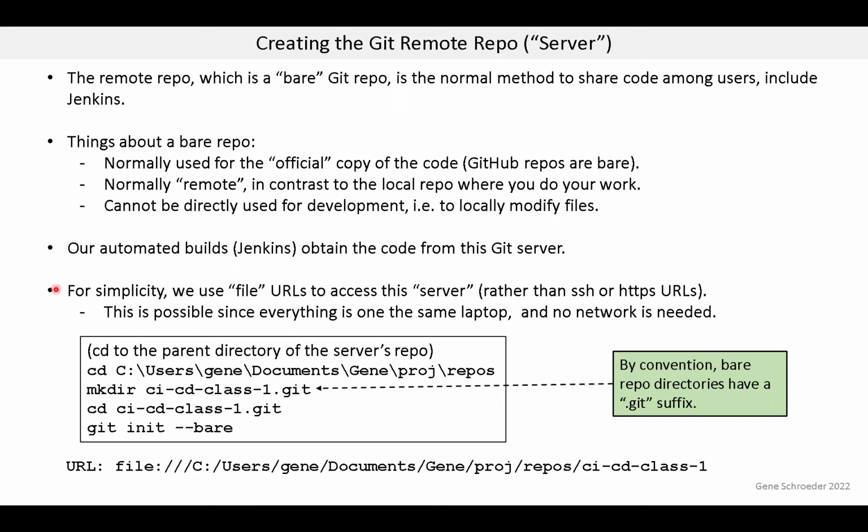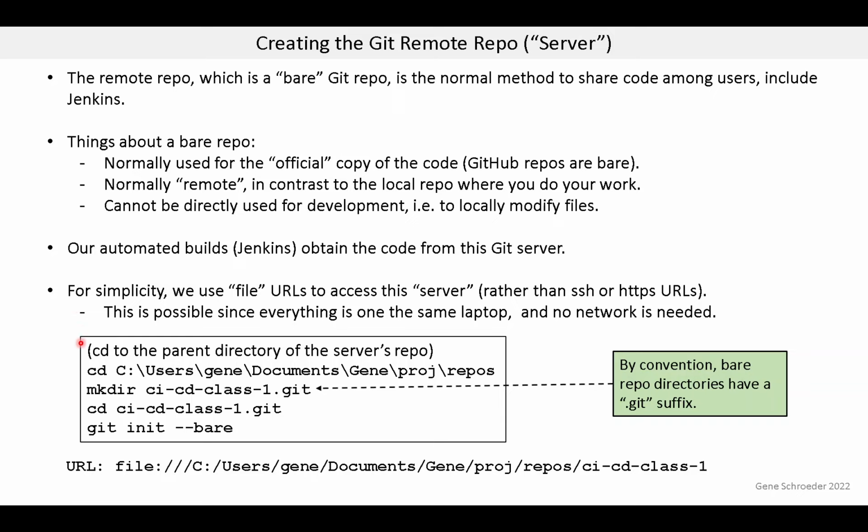For simplicity, for this course, we use file URLs to access this server, rather than SSH or HTTPS URLs you would normally see with Git. And we're able to do this since everything is on one laptop. We don't need a network. And I did this just to try to make it a little bit simpler.